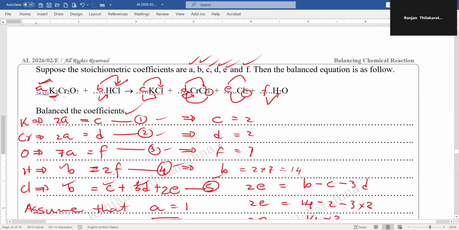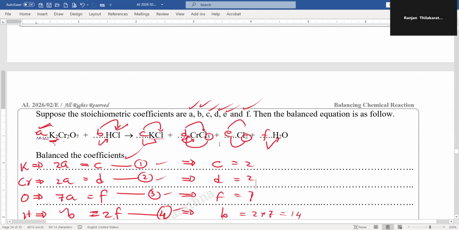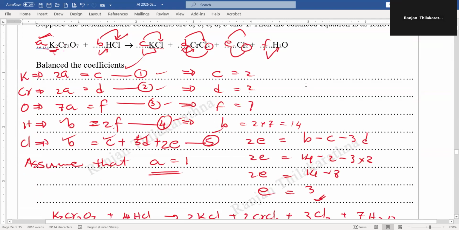You can get those relationships. By assuming that, you can solve for A, B, C, D, E, F. Then you will get that.